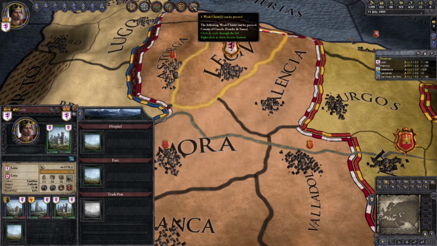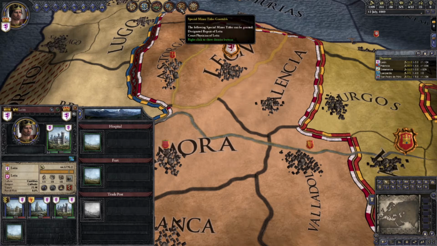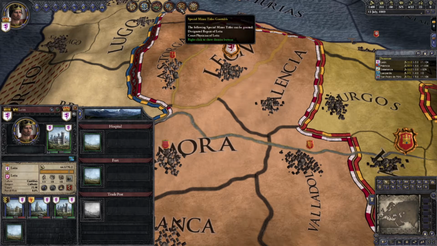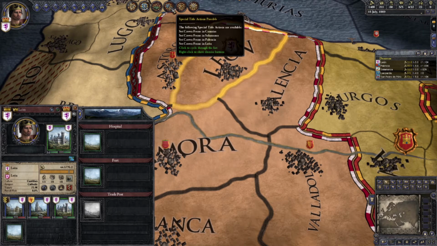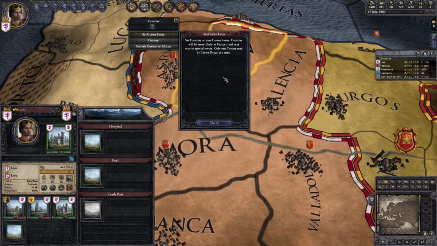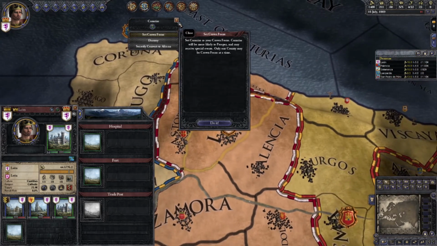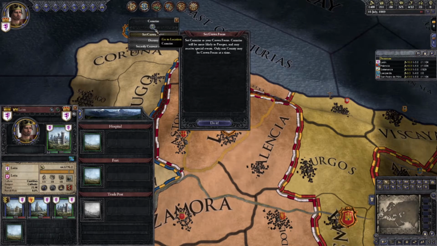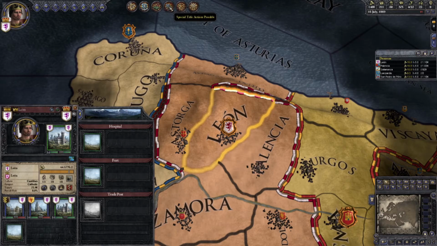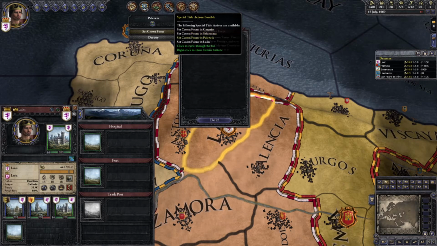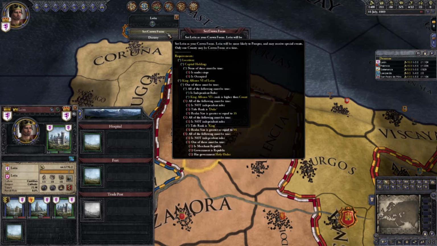What's going on here? Weak claims can be pressed. Special minor titles. Special title actions. Oh! Crown focus. What even is a crown focus? Let's focus on Lyon.